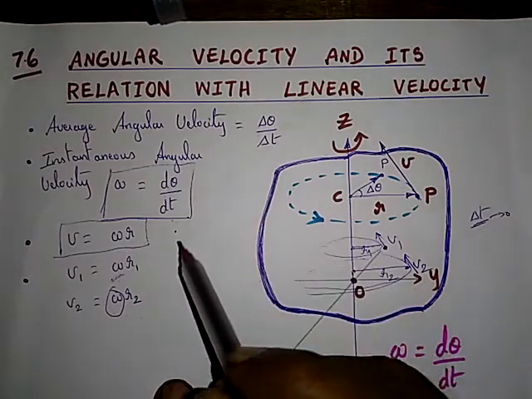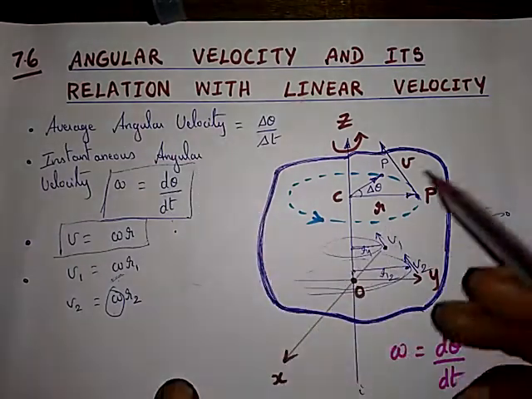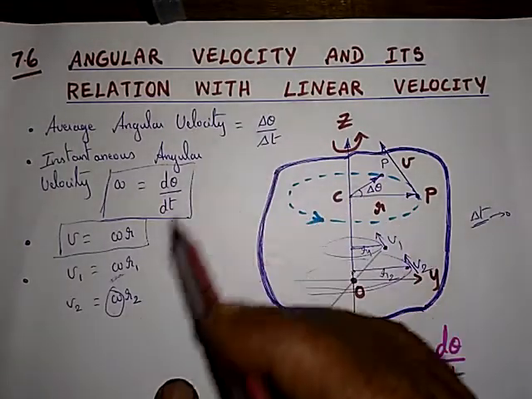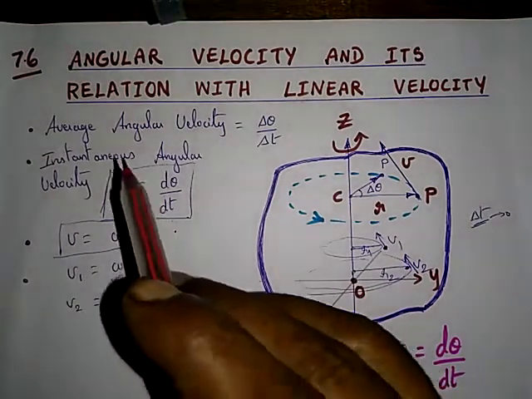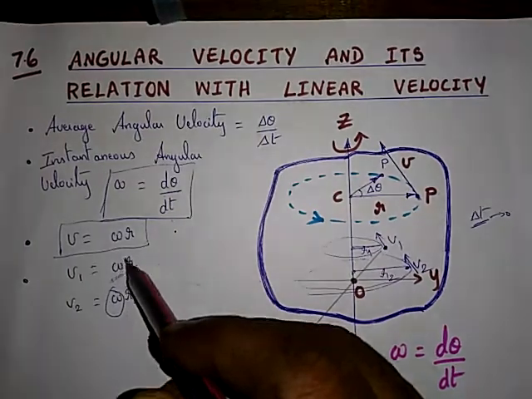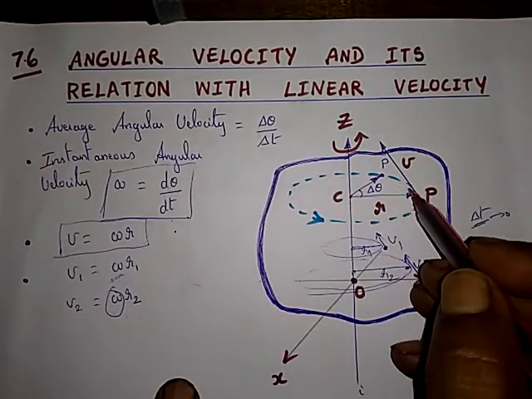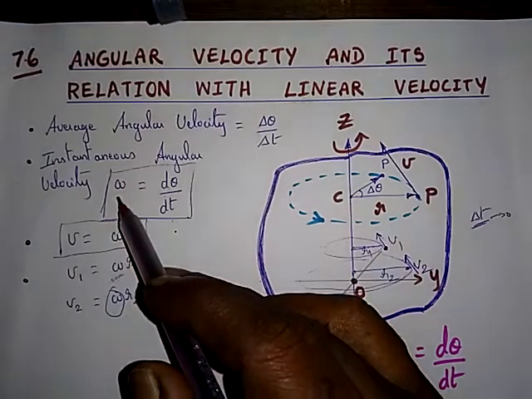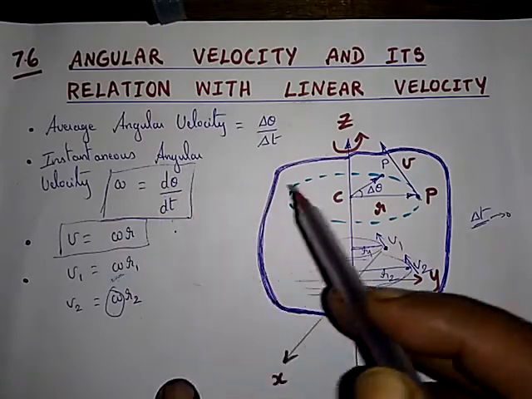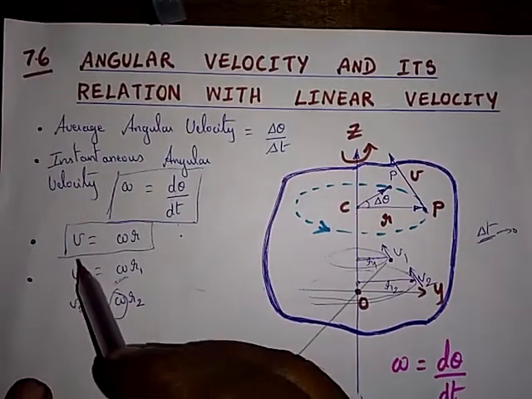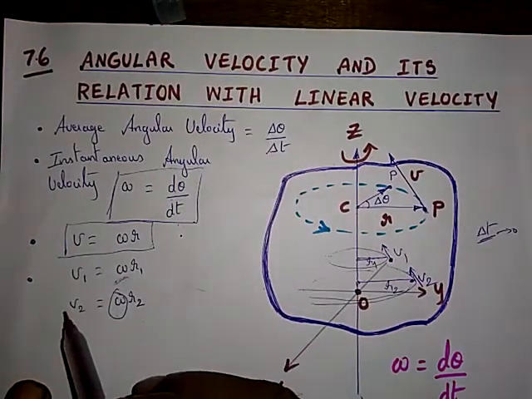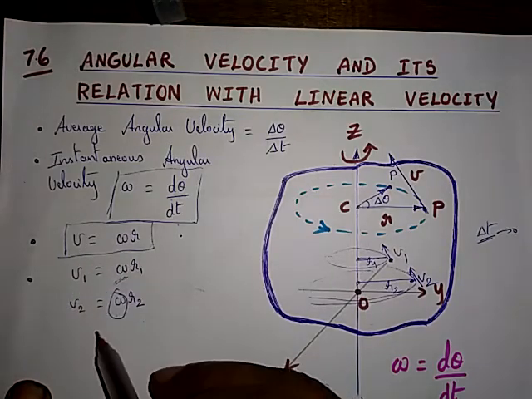So the formulas you have to remember are: for average angular velocity, del theta by del t. For instantaneous angular velocity, del theta or del t tends to 0, and therefore we have omega is equal to d theta by dt. And the relation between linear velocity and angular velocity is v is equal to omega r.